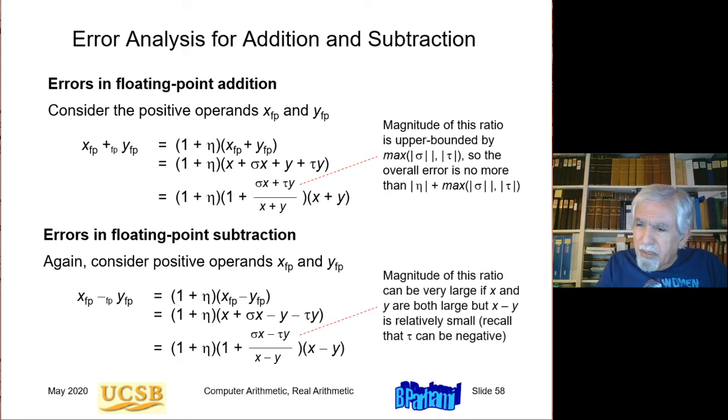And this is really the source of many of the difficulties that we face in controlling errors in floating point arithmetic. This case of dealing with numbers that are fairly close to each other in magnitude, and then we subtract them.